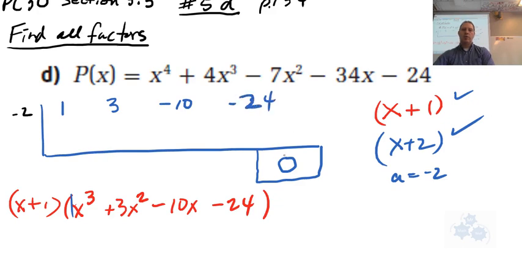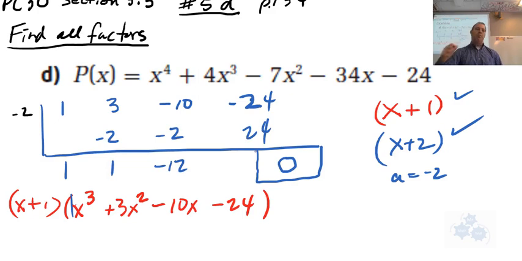And we should get a remainder of 0 as well. So it's a little bit off kilter there, but okay. So we drop the 1 down, multiply, add, multiply, add, multiply, add, 0. Boom. Got it. Okay? So you see how that synthetic division can start to get pretty quick, right?